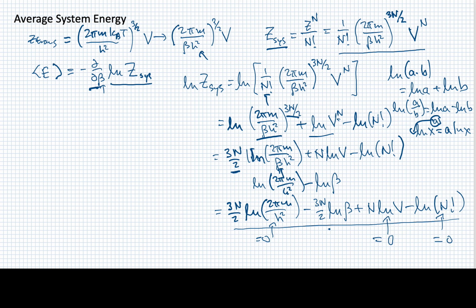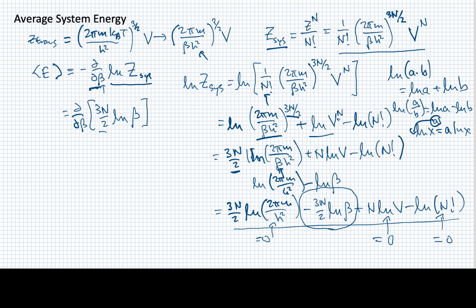The only term that contributes to a derivative with respect to beta is this term here. And I've got a minus sign there, so it's going to cancel the minus sign here, so this is going to be equal to the derivative with respect to beta of 3N over 2 log of beta.